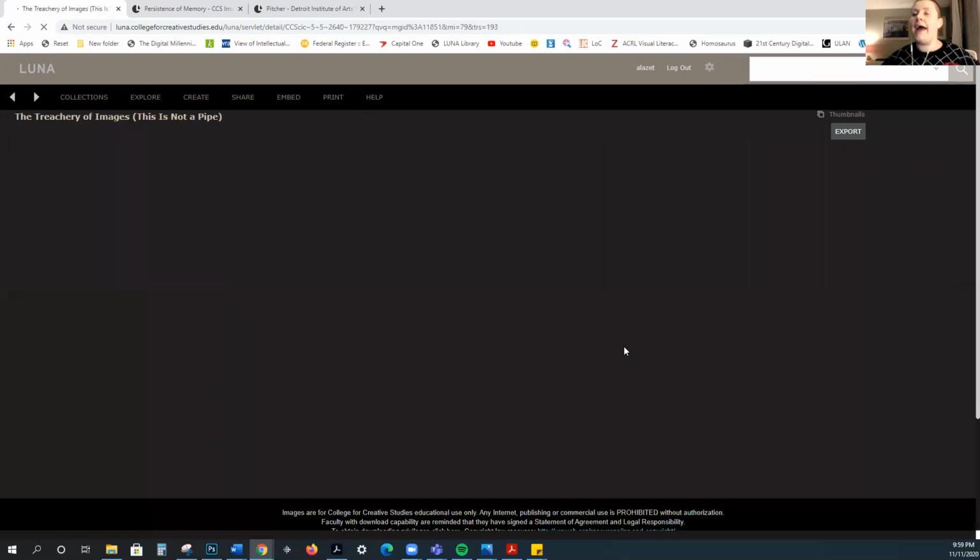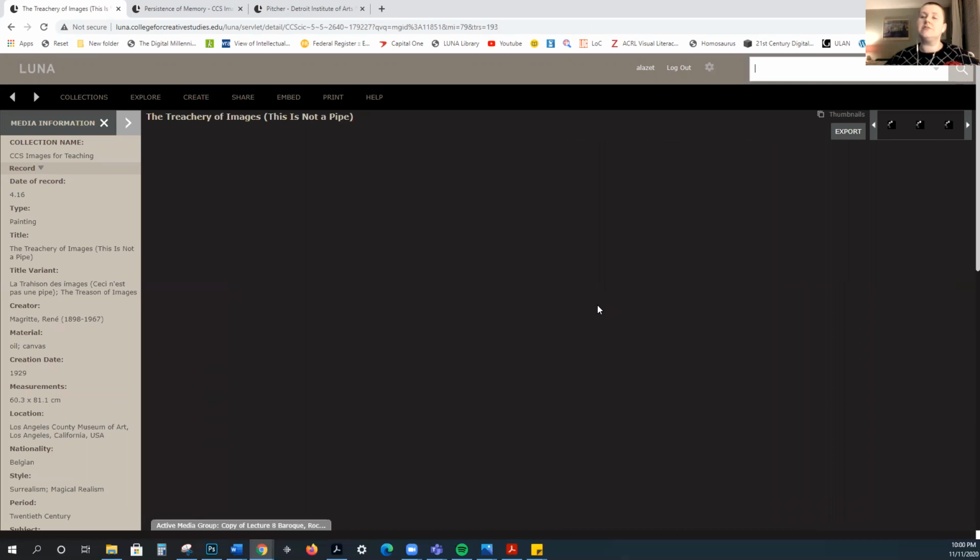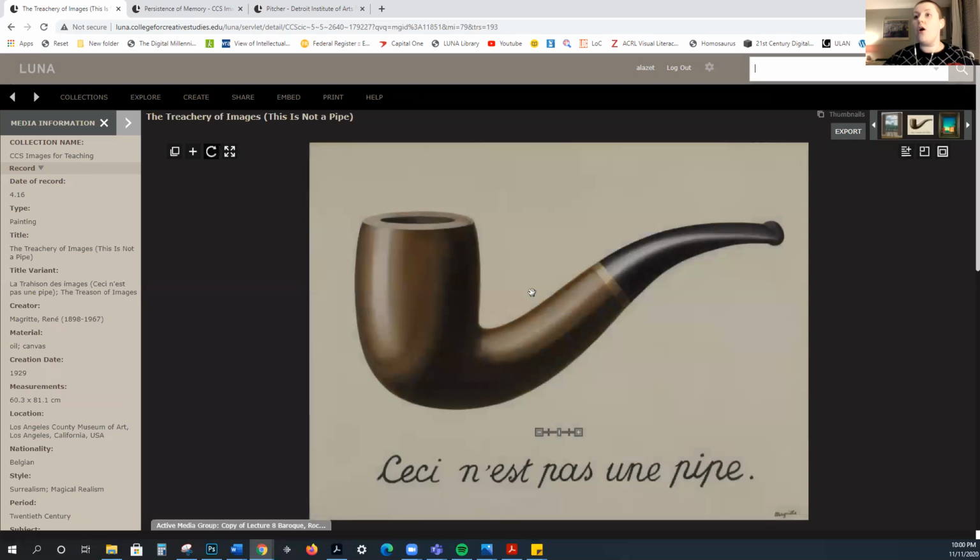And this is borne out by The Treachery of Images, or This Is Not a Pipe. It's also called The Treason of Images. And what you see is a painting of a pipe. So one that you would light and then smoke your tobacco. And down here in French, it says, Ceci n'est pas une pipe, which says, this is not a pipe.